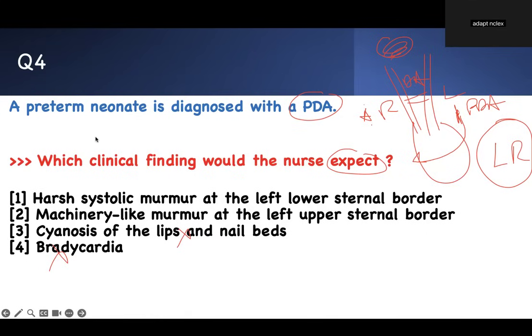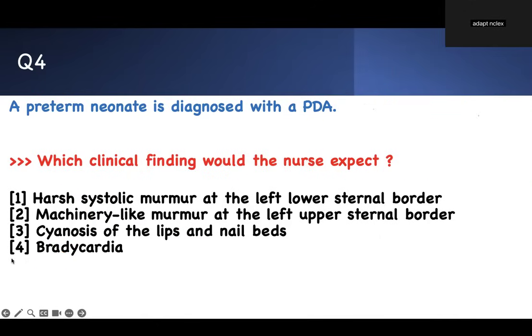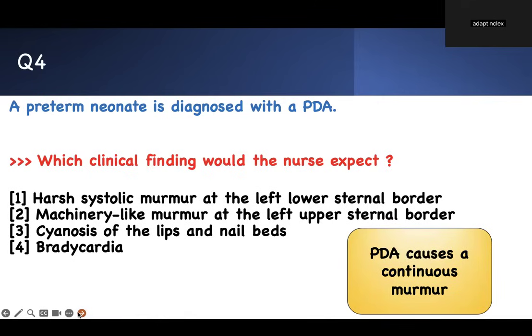This is why it cannot be a harsh systolic murmur on the left lower sternal border, because that is specific to systolic, and that location is inappropriate. This is what we call VSD. This becomes a machine-like murmur. So how do you remember it? What is the mnemonic? PDA causes a continuous heart murmur. And this is number 2. Number 2 is the right answer.